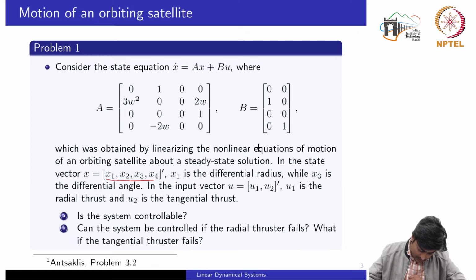This problem was taken from the book, problem 3.2. This book was also put into one of the reference books, so if you want to go through other problems, you can take a look at it.